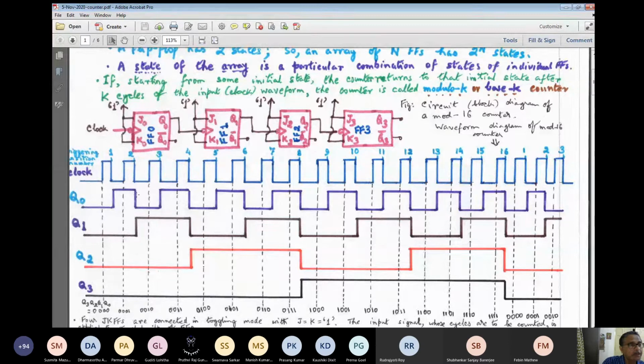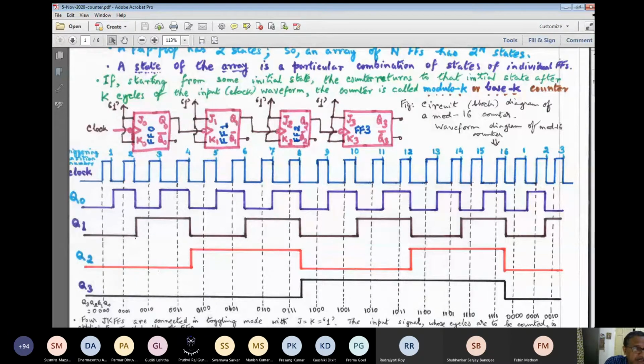Clear? After that, what happens? After the second active edge, Q0 was at logic 1 prior to the second active edge. As all the flip-flops are in toggle mode, whichever flip-flop gets a 1 to 0 transition at its clock input will undergo a transition. So FF0 will do that because it always gets the clock, and from 1 it will pass to 0.